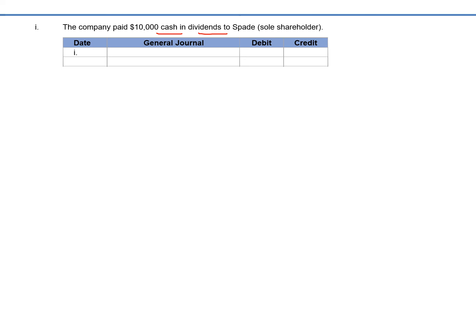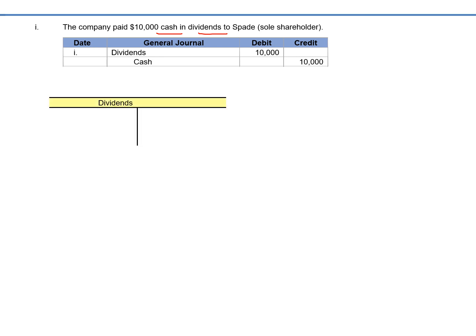We're going to pay dividends, so that means the dividend account itself needs to go up, which has an inverse relationship to equity. But in order to increase the dividend account, we want to debit. So we're going to debit dividends for $10,000, and we're going to credit cash for $10,000.